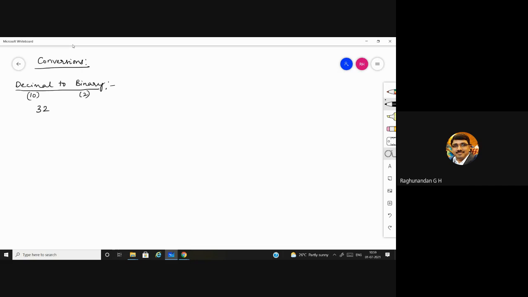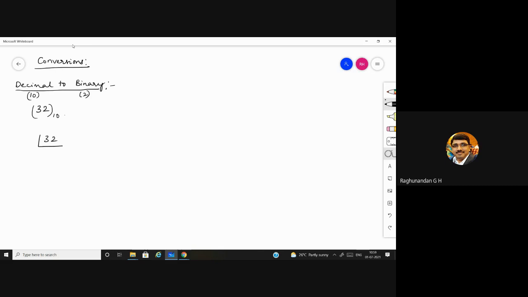Here we are converting from base 10 to base 2. So this is already in base 10, that is decimal number system. So we need to convert this into binary. That's why we need to divide this by 2. If it is hexadecimal, divide it by 16. If it is octal, divide it by 8. This is the procedure which you need to remember.